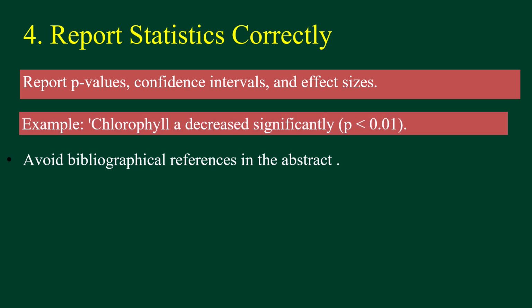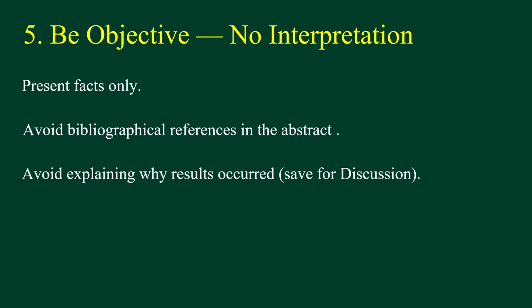For example, cadmium caused a significant reduction in chlorophyll content. So this shows that cadmium is toxic to the plants. So your results should be very specific and statistically significant.